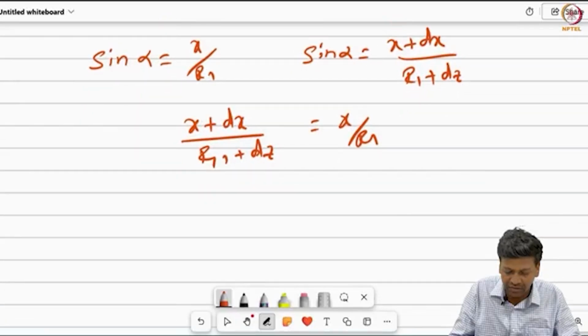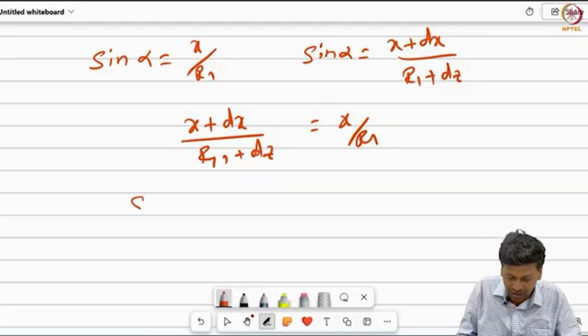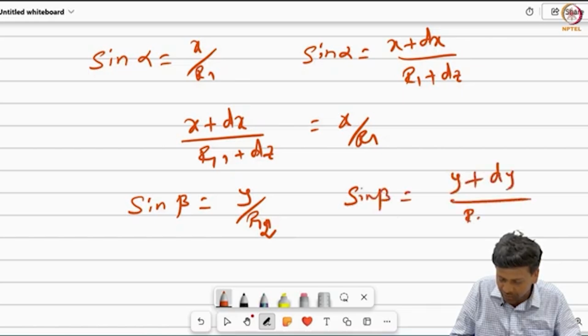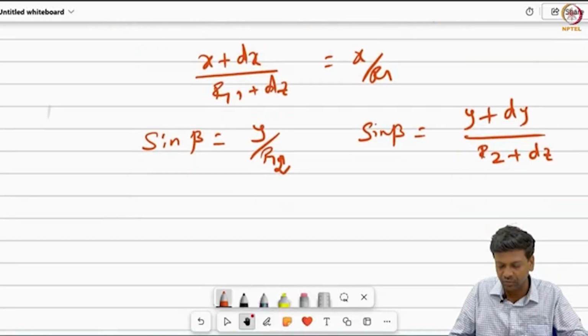Similarly, if you say sine beta equals sine beta at both instants, right, then sine beta is nothing but y by R2, and sine beta in this case is y plus dy divided by R2 plus dz. So this is the proposition that we follow.